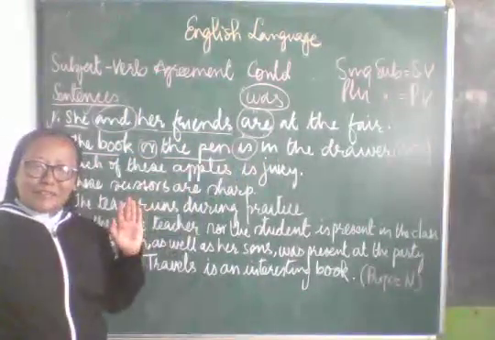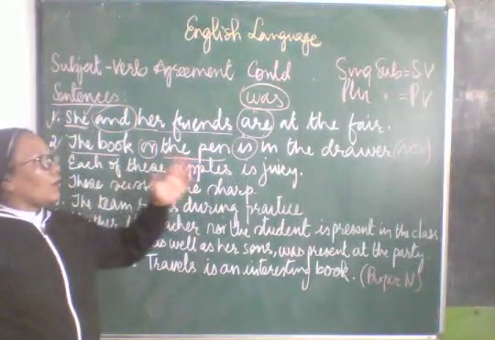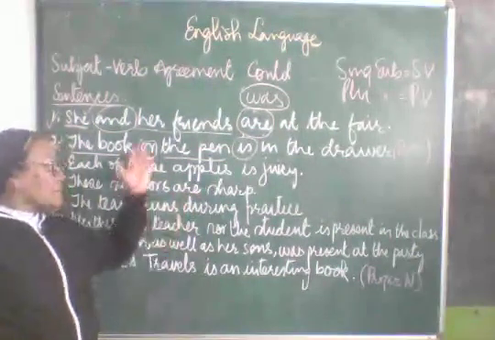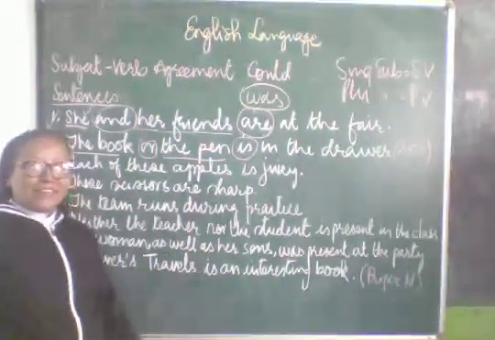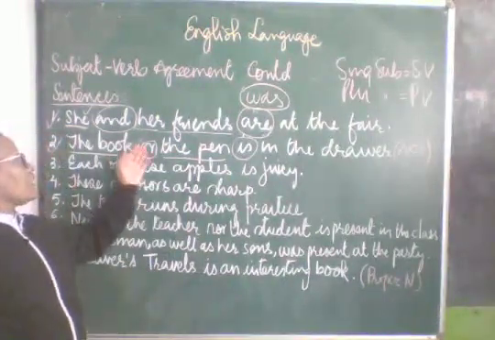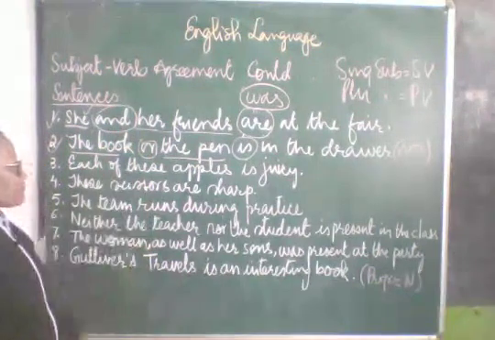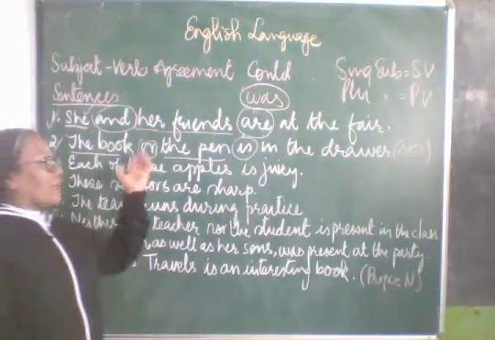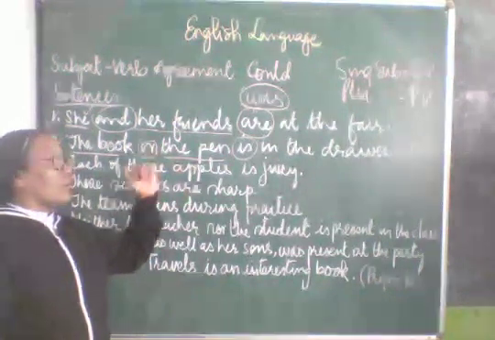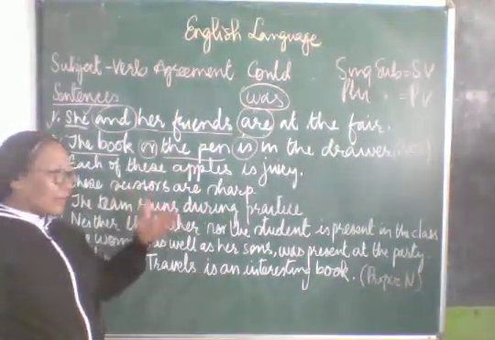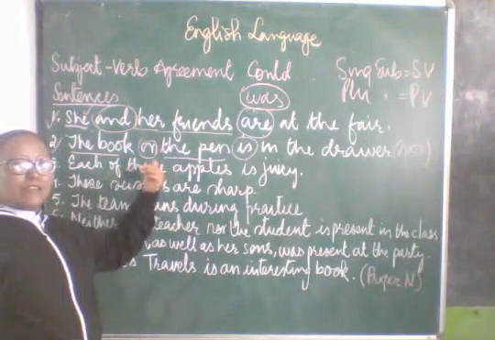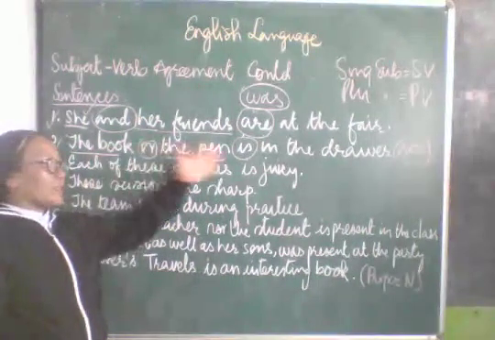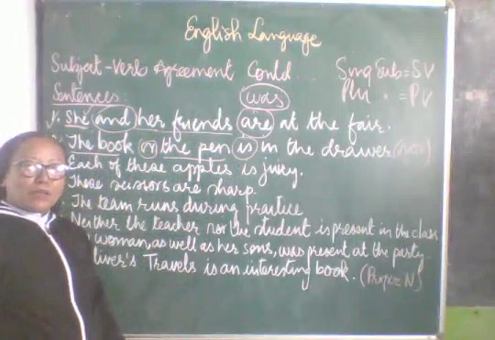So or, nor signify a singular subject, so we take a singular verb. And and or are different words. Whenever you find the word or, nor, either, you need to see the subject and take the singular verb. So always a singular verb.